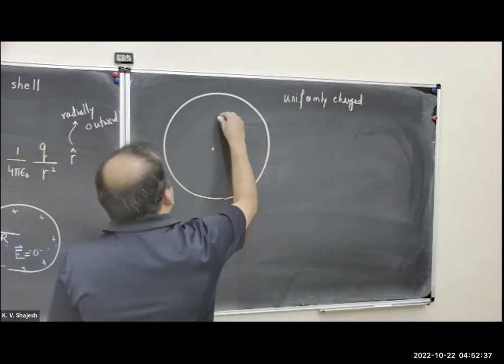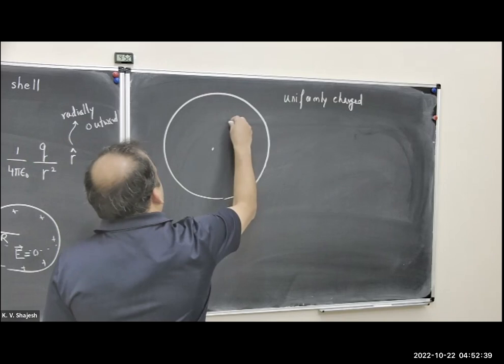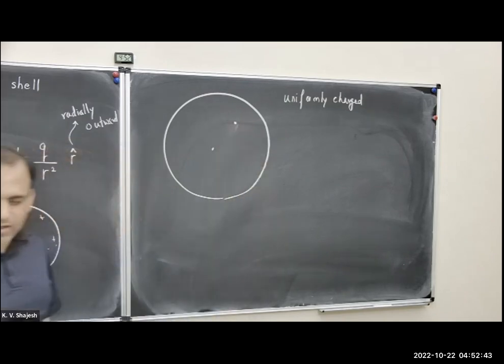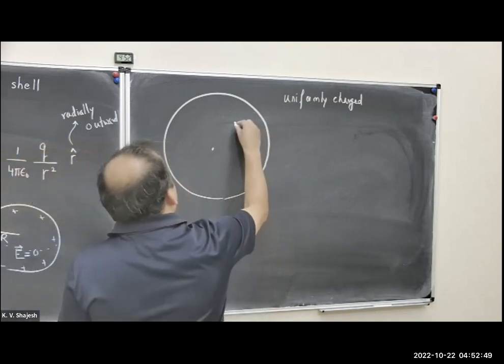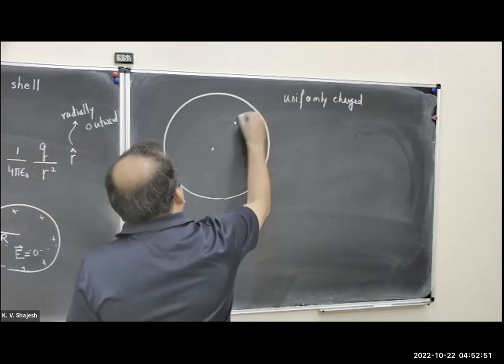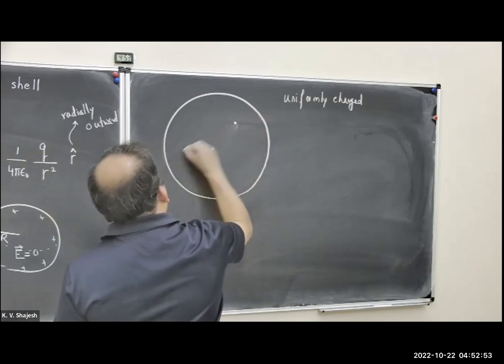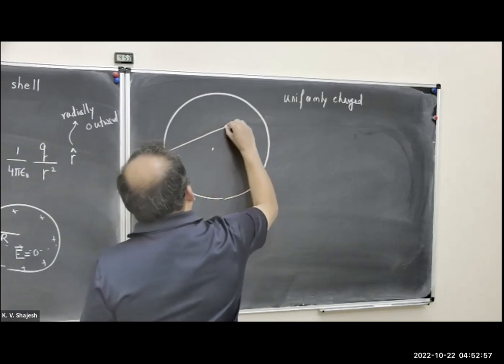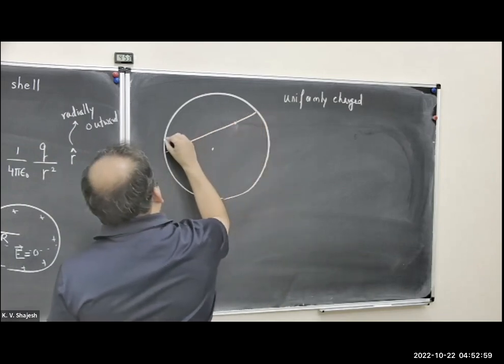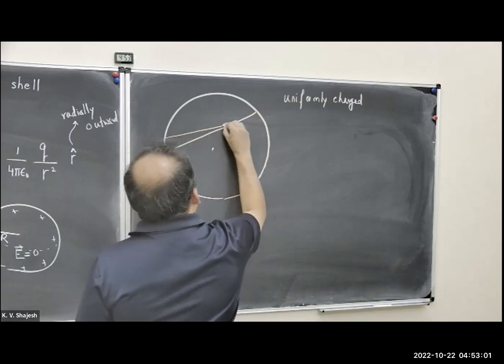So charge per unit area is constant. Let's say we have an arbitrary point here, and that's where we want to calculate the electric field. The moment you have that, I can draw a straight line, and let me also have another straight line passing through it.